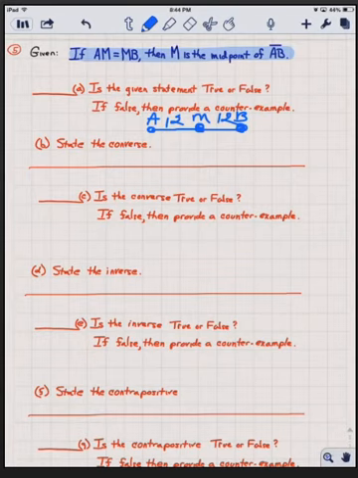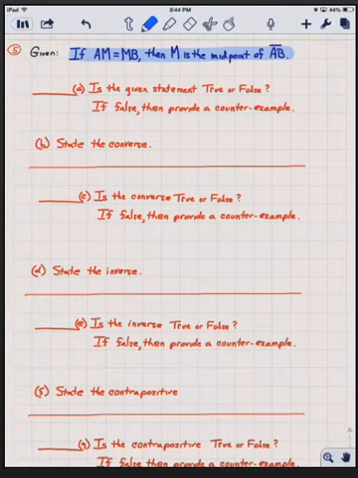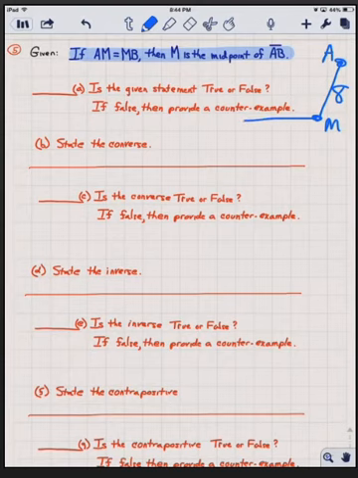But any number of examples never proves something to be true, because we can prove something to be false if we can come up with one counterexample. So therefore, the counterexample is going to look like this. I'll draw it off to the side. Distance from A to M is going to be, say, 8. And the distance from M to point B is going to be the same, equal, it's going to be 8.